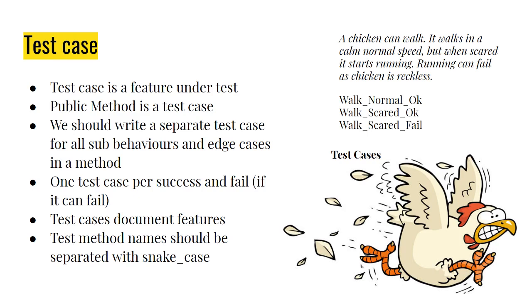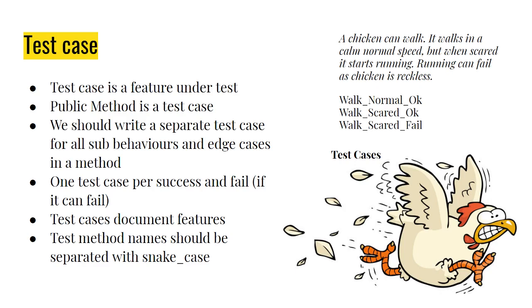based on an input. So, for example, I have a method called walk on a chicken. I could just say test walk, and check if the chicken moved the amount of distance I expected. Would that be enough? Well, maybe. It depends on the specification.